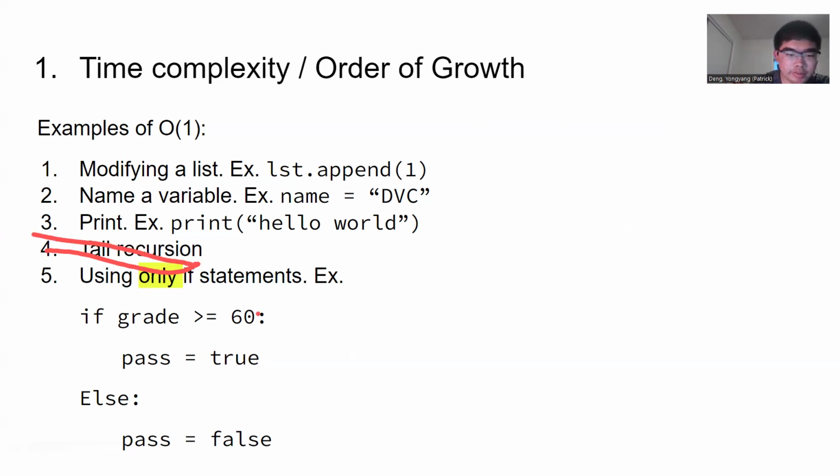You use only an if statement, and you don't have a recursive call, and you don't have a while loop or recursive code. You just have some branching, some if statements. So if grade is greater than or equal to 60, for the whole thing you just execute once.